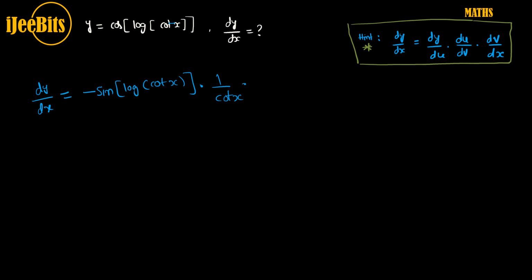Done. Next you have to apply for cot x. Cot x becomes, you're right, minus cosecant square x. This is the answer. You can simplify it further. Clear?